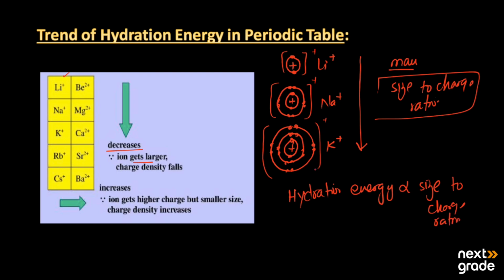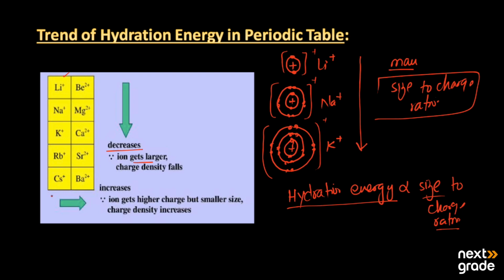As we move down in the group, the size of ions increases. When their size increases, the ratio of size to charge decreases from top to bottom. So that's why the hydration energy also decreases from top to bottom.